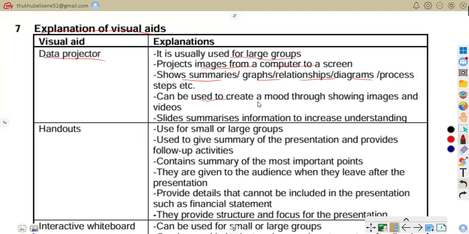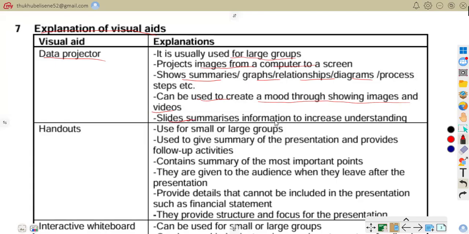Also, it can be used to create a mood through showing images and videos. Pictures and videos make presentations more interesting and engaging. For example, a promotional video is shown during a product launch.